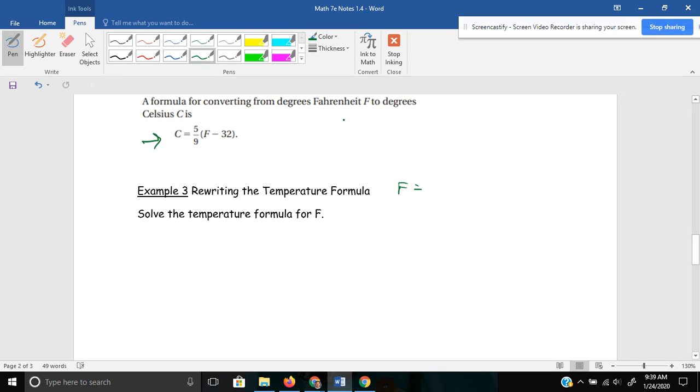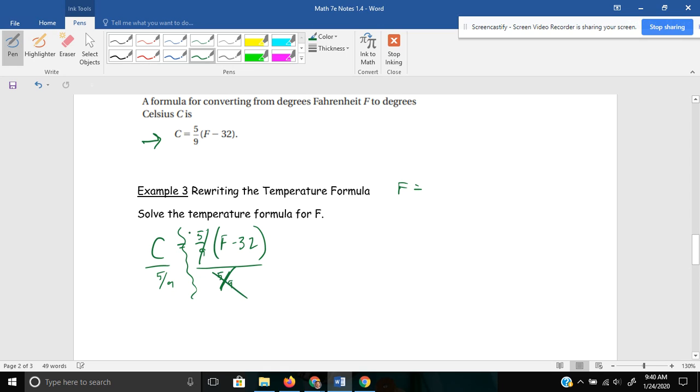All right, so I'll rewrite my formula. C equals 5/9 times F minus 32. What I am going to do first is move this fraction. This is like saying I'm taking 5/9 and multiplying it by all of this. So to undo multiplying by 5/9, we would divide by 5/9 on both sides. 5/9 divided by 5/9 cancels out.